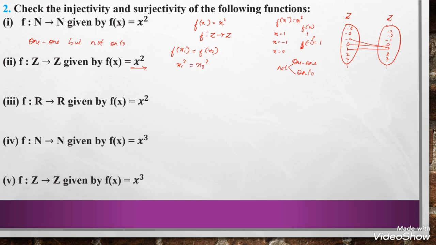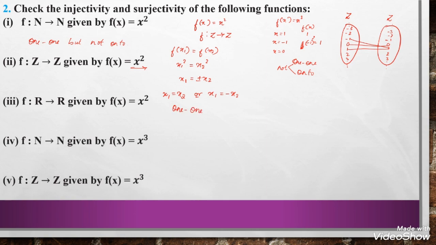Taking square root on both sides, x1 is equal to plus or minus x2. So I can write x1 is equal to plus x2 or x1 is equal to minus x2. Here x1 has two images. By the definition, distinct elements should have distinct images, but it is not always so.